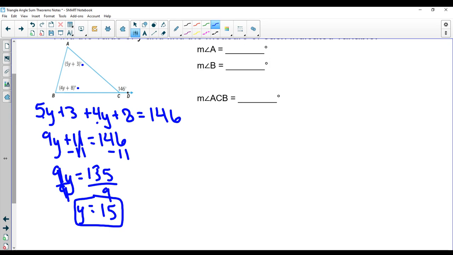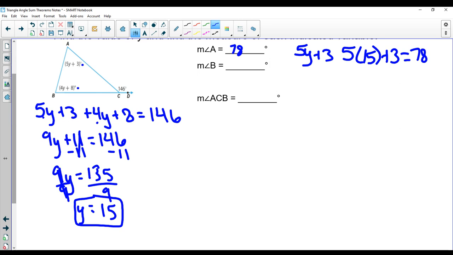Now I have to go back and use it. So angle A was the 5y plus 3. So I'm going to take my y, which was 15, substitute it in. What's 5 times 15 plus 3? 5 times 15 plus 3 gives me 78. So this angle is 78 degrees.